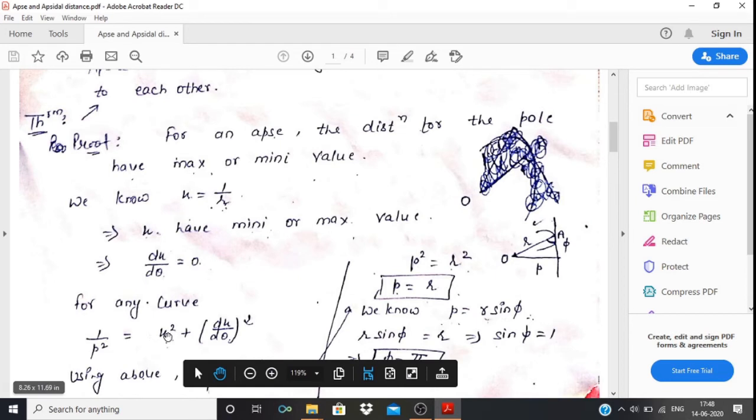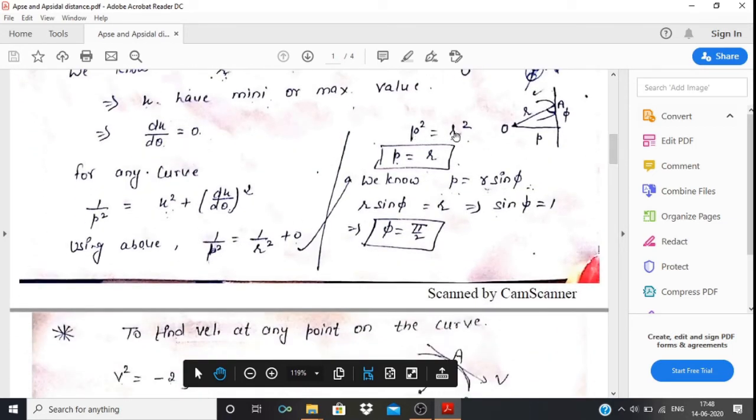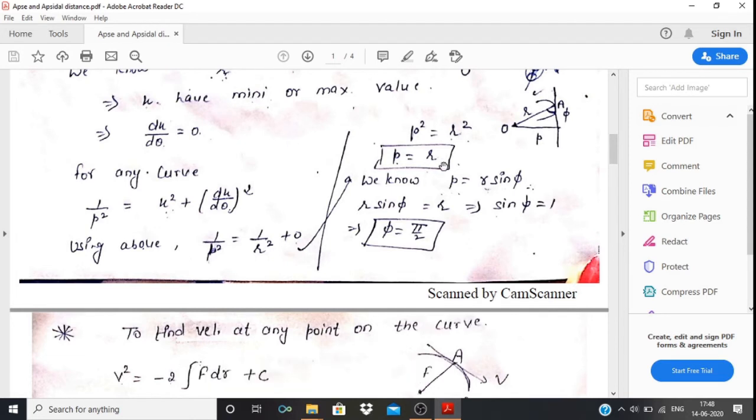Also, we know that for a curve, the pedal equation is 1 upon p square is equal to u square plus (du upon d theta) whole square. Using the value of du upon d theta and u is equal to 1 upon r in this equation, after simplification we get p square is equal to r square. This implies p is equal to r.